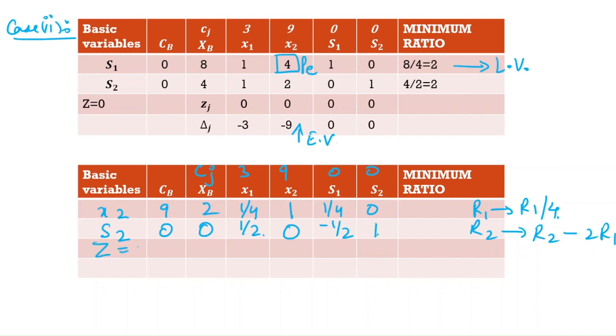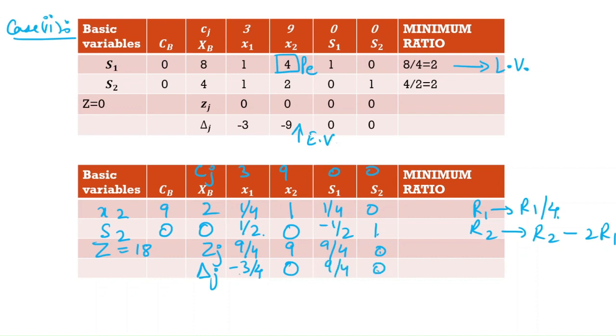So z is coming out to be again 18. Zj is all positive that we are getting here. So delta j is 9 by 4. So this was 9 by 4 minus 3. So 9 by 4 minus 3 is minus 3 by 4. So we are getting a negative term here, and this would be 9 minus 9, 0, 9 by 4 minus 0, and this is 0.